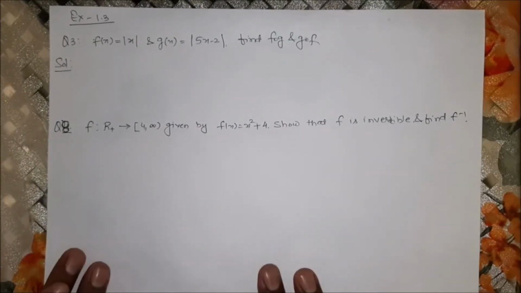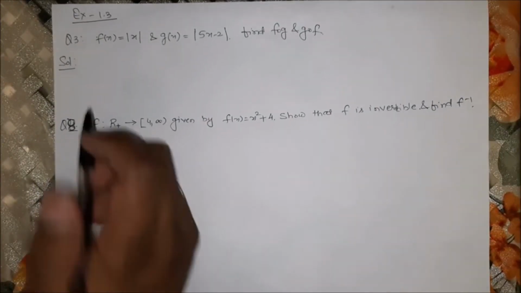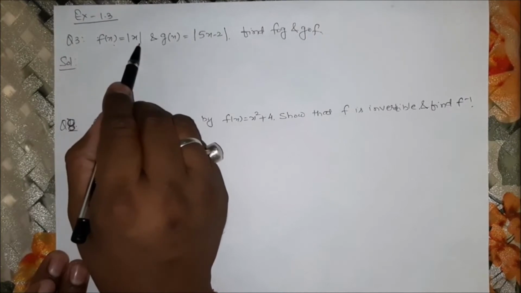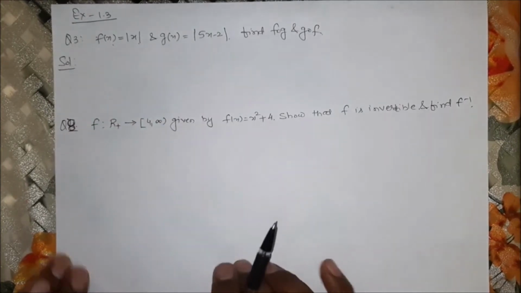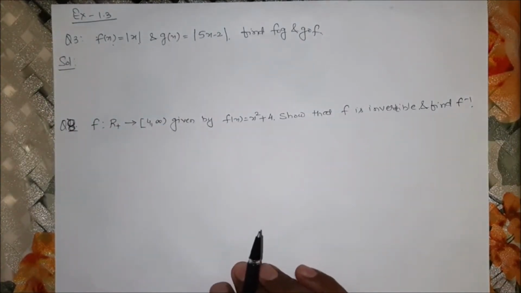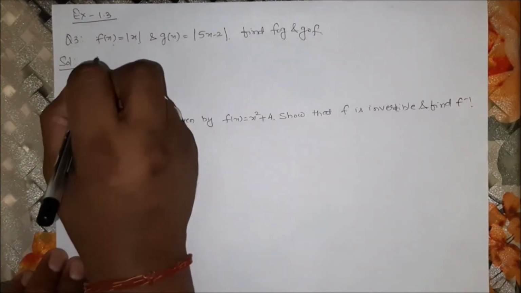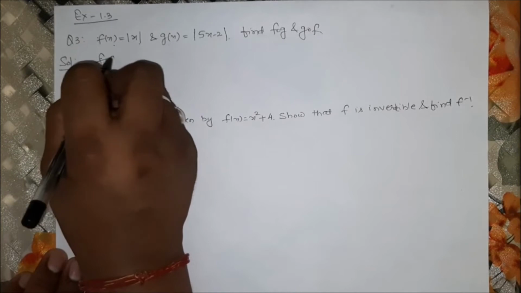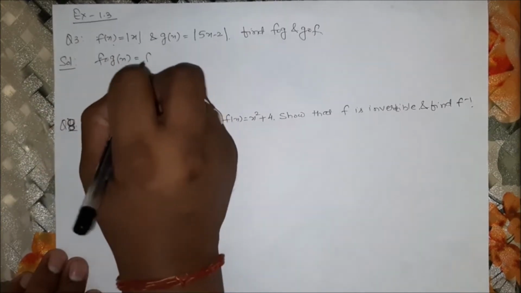Consider this question, Exercise 1.3 question number 3. You are given that f(x) is mod x, g(x) is mod 5x minus 2. We need to find fog and gof. First of all, find fog, f of g(x).